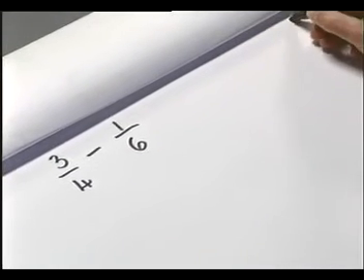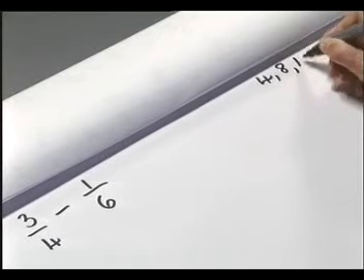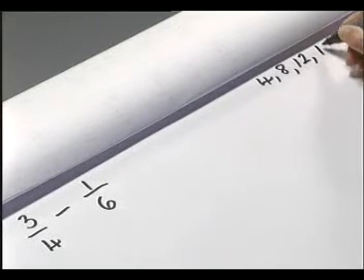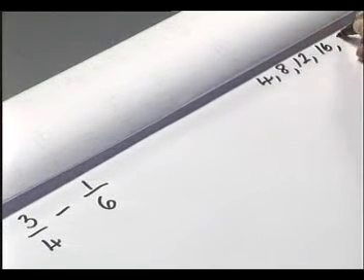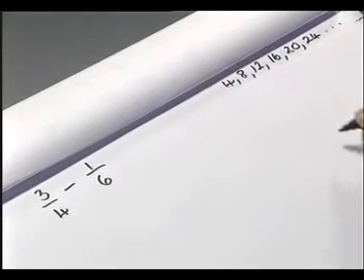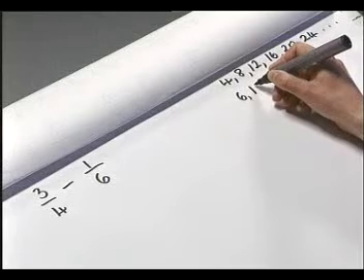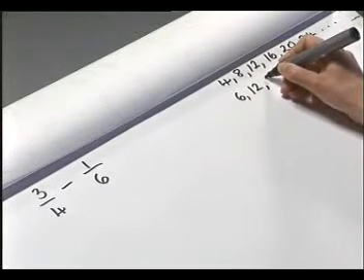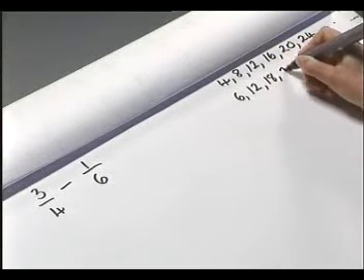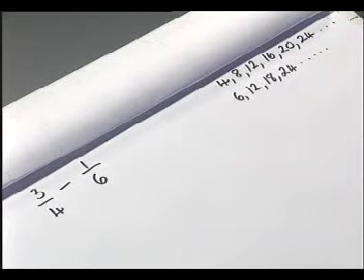Let's have a look at our 4s: 4, 8, 12, 16, 20, 24, and so on. And our 6s, multiples of 6: 6, 12, 18, 24, and so on.